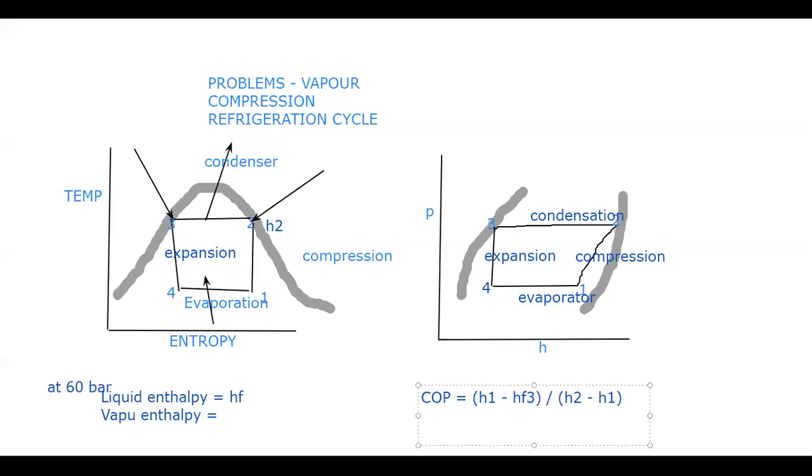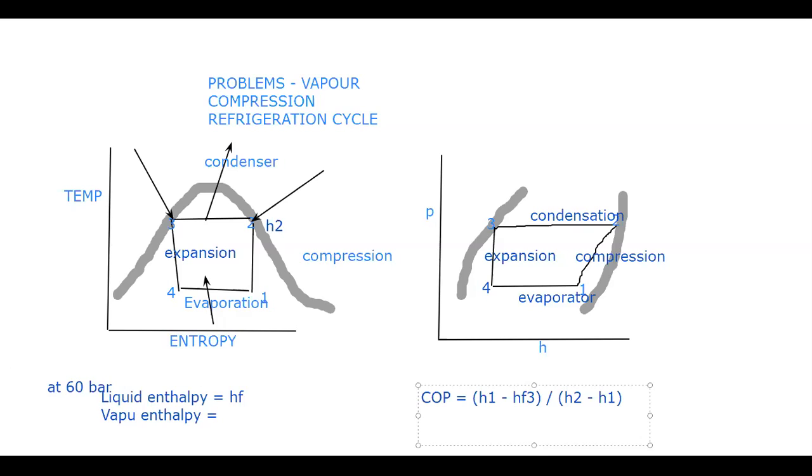In order to get these enthalpies, we require the dryness fraction X. You get the dryness fraction by equating the entropies between point 1 and 2. That is how you have to process this problem. So we already got the COP.